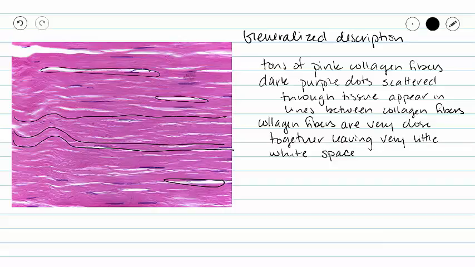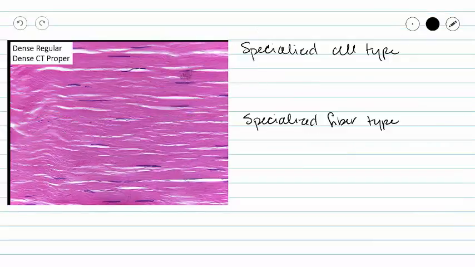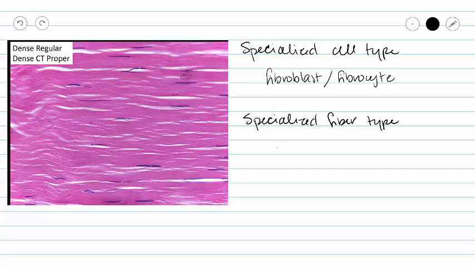So there's our general description for our dense regular CT proper. Let's take a look at some of our specifics. We already mentioned our specialized cell type. Whenever we see collagen fibers, we should immediately think fibroblast and fibrocyte. And when we see that much pink in nice lines like that, we should think collagen fibers. So there we have our specialized cell type, fibroblast and fibrocyte, which we see here.